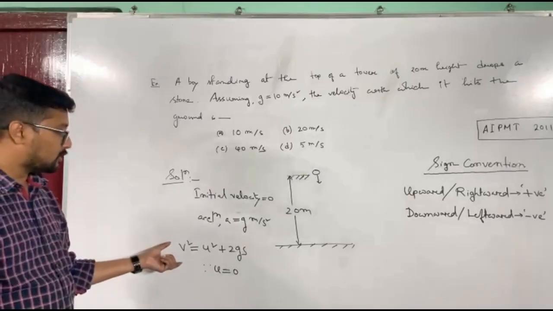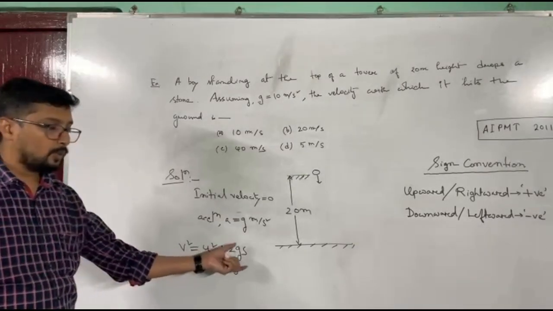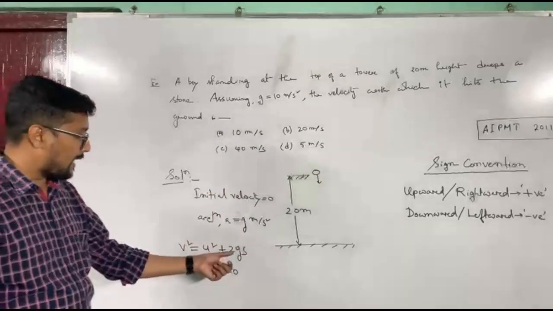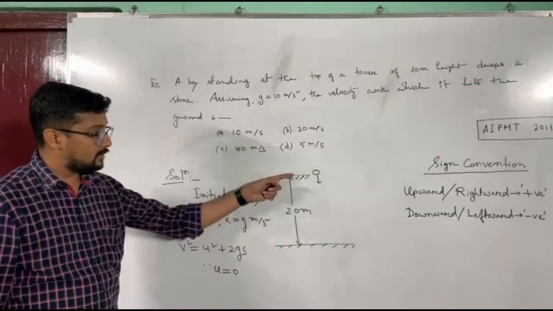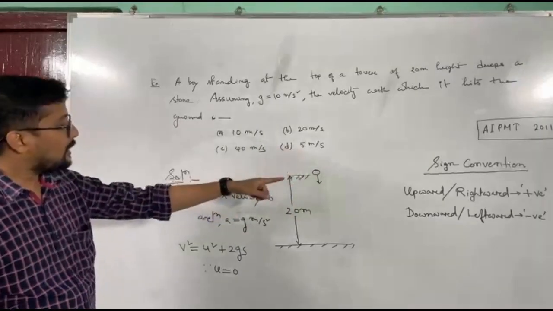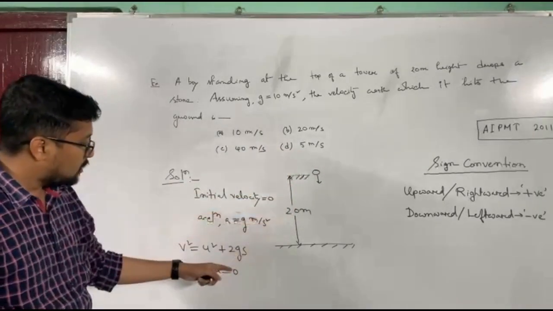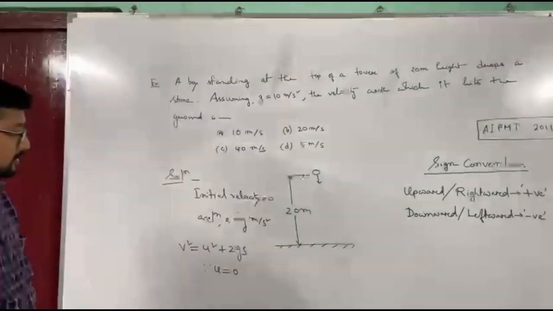So our final velocity is going to be v square is equal to 2gs, where s is the displacement. The stone is at a height of 20 meters, so this s is going to be basically 20 meters.